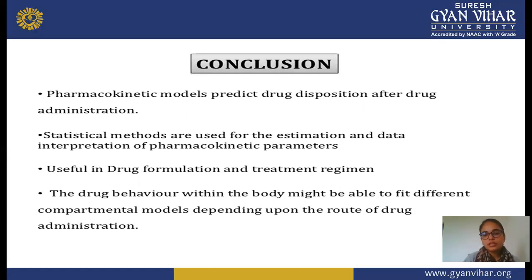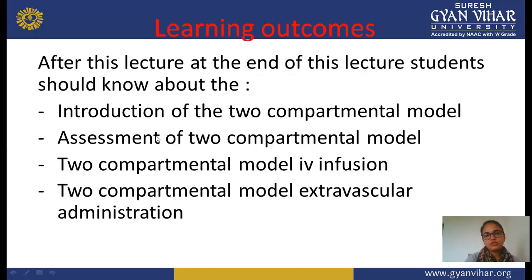Next, true behavior within the body may fit different compartmental models depending upon the route of administration, so you can easily select the model depending on the route you prefer. This is the conclusion of today's lecture.